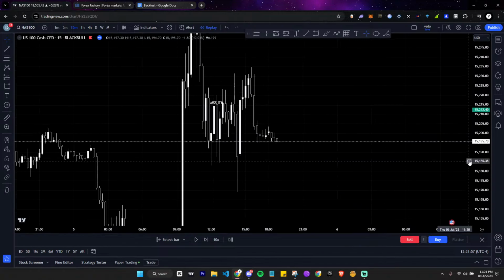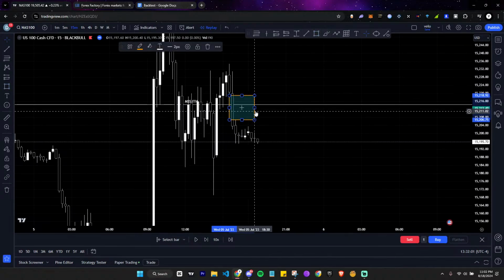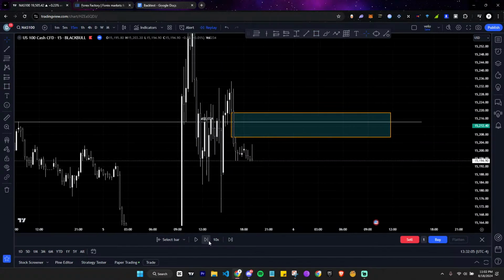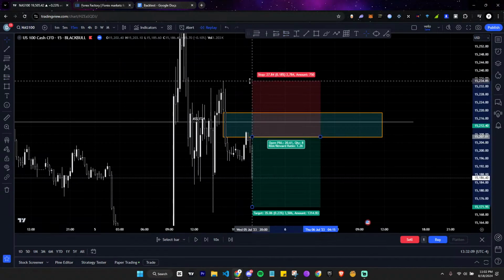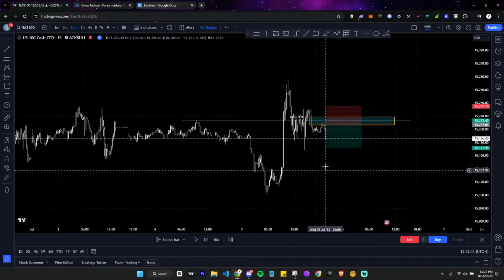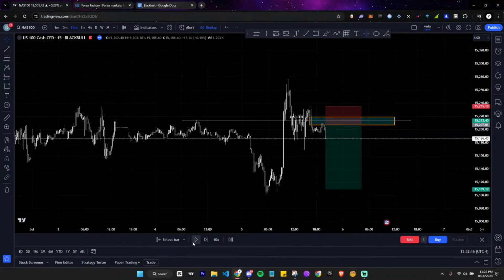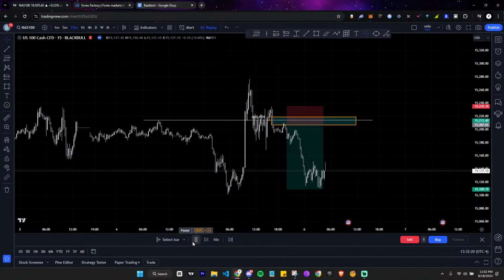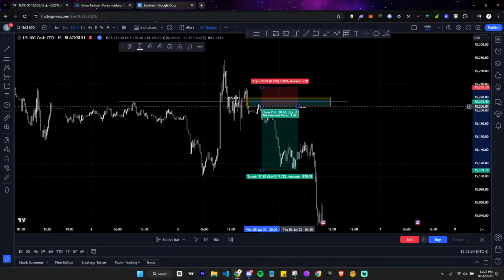So the first thing that I want to see is this fair value gap. So let's say for example, price comes back to, okay, there we go. We got tagged in, and let's use these equal highs as my stop loss, and then use this as my TP. That's like 3.48. Boom, there we go. It's pretty simple.